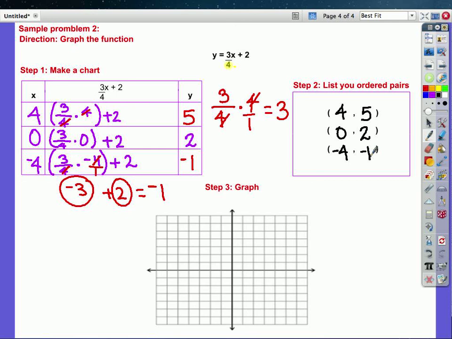Okay, now we're going to plot these. So we have 4, 5. You're going to go 4 on your x-axis. That's positive. 1, 2, 3, 4. And up 5. 1, 2, 3, 4, 5. We're going to go 0 on our x-axis, which is where they intersect. We're going to go up 2.